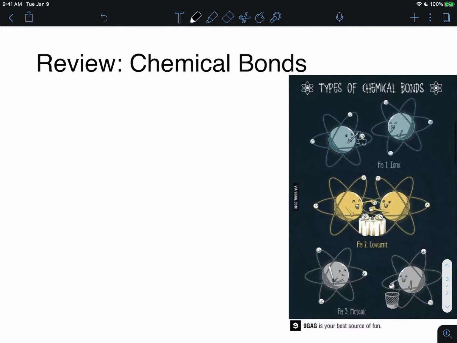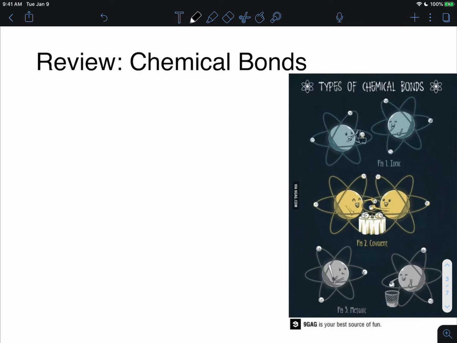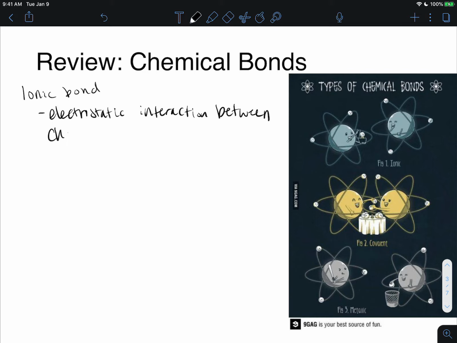We're going to start this out by talking about our different types of chemical bonds. Our first one that we're going to look at is an ionic bond. So an ionic bond is an electrostatic interaction between charged particles.